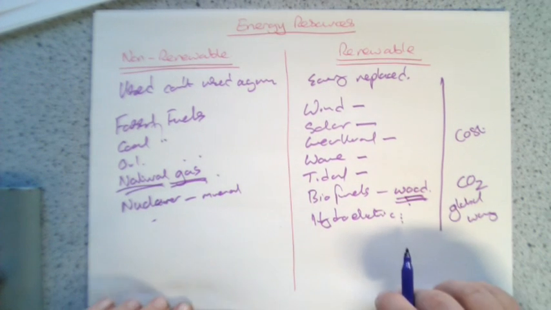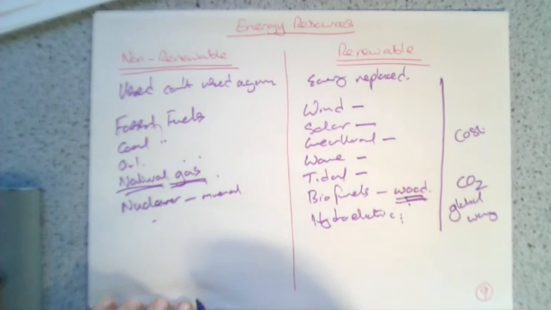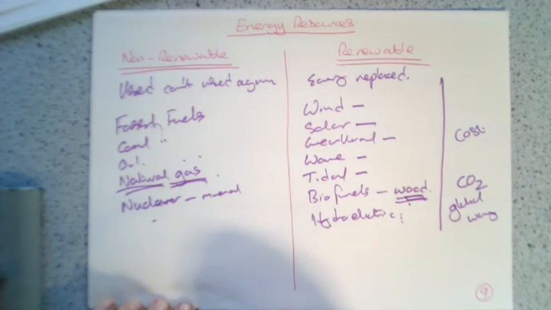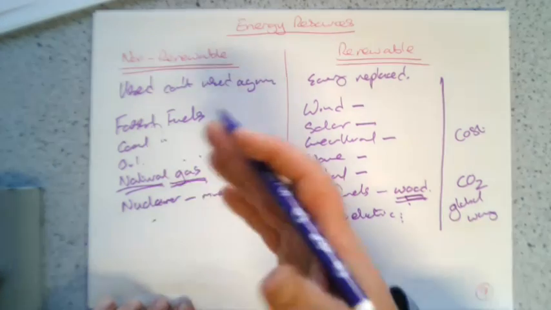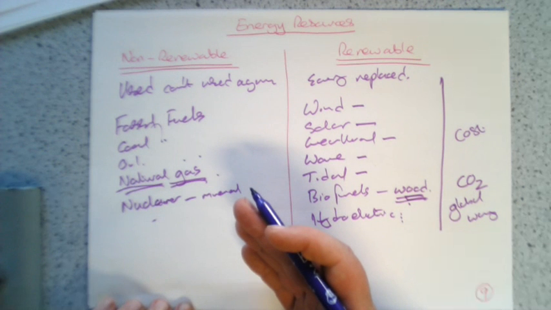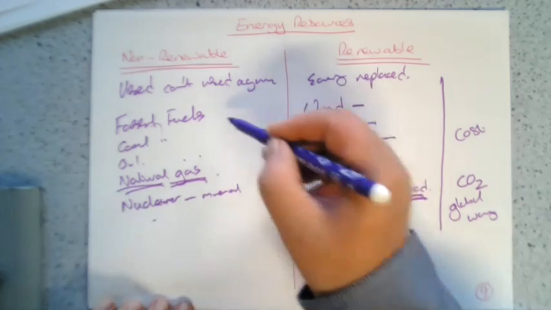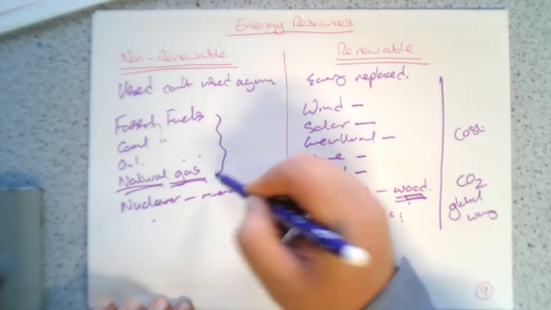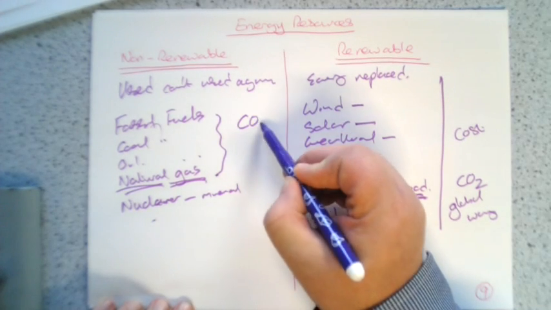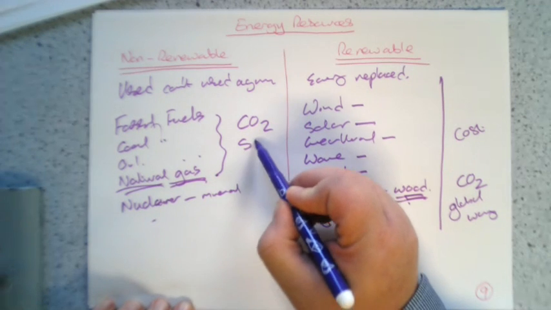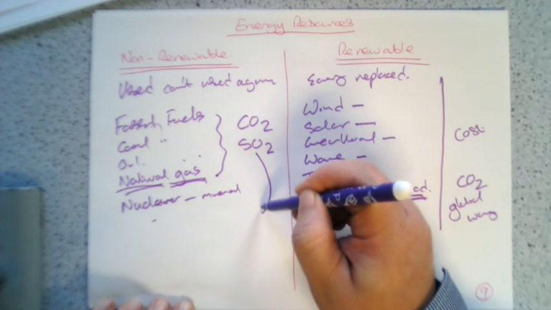Okay, whereas let's think about our fossil fuels. Well, our fossil fuels are readily available. The power stations for using them are relatively cheap. Okay, big disadvantage, particularly of these ones, is that they produce carbon dioxide or sulfur dioxide, and these contribute.